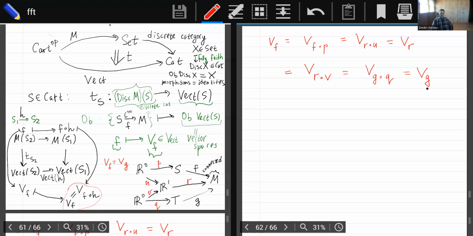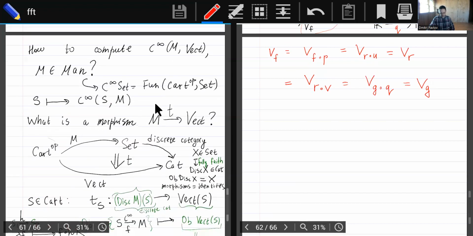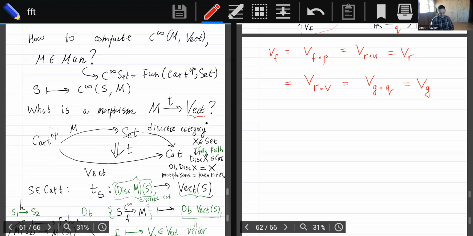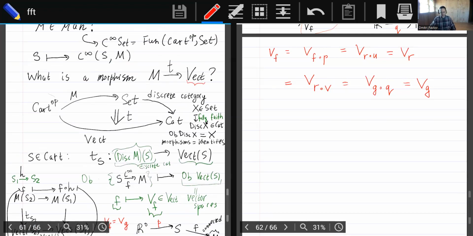The takeaway from here is this. Let's not forget what our original intention was. We were computing maps T from capital M into the smooth category vect, like we previously defined. Through this simple computation, we discovered that such a natural transformation contains a Giga of all VF, but all of these VF happen to be the same.